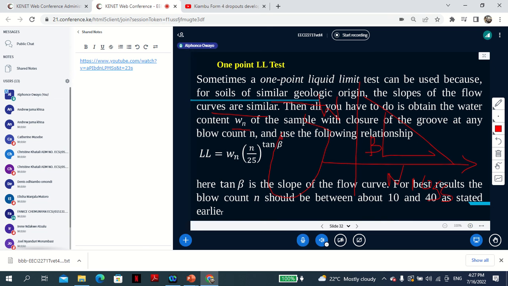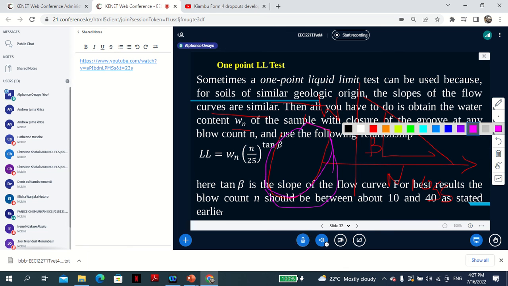I'll draw a terrible one, but just to make sure you can understand, this is the tool, the groove. I'm trying to draw the Casagrande cup. So something like this, and then you put your soil, let me use blue. You put your soil here, soil there, and you fill it.